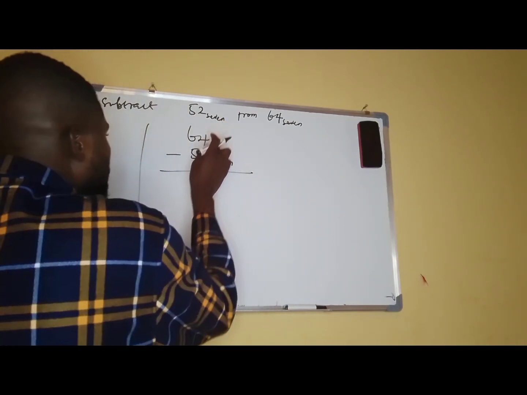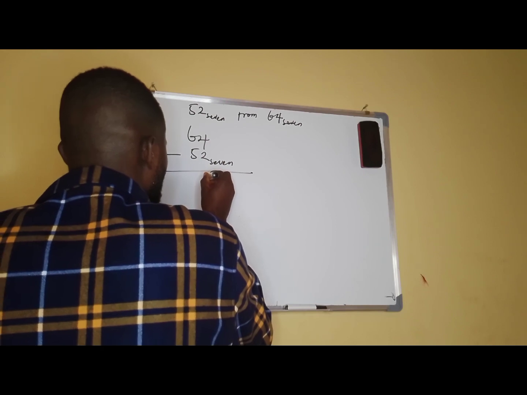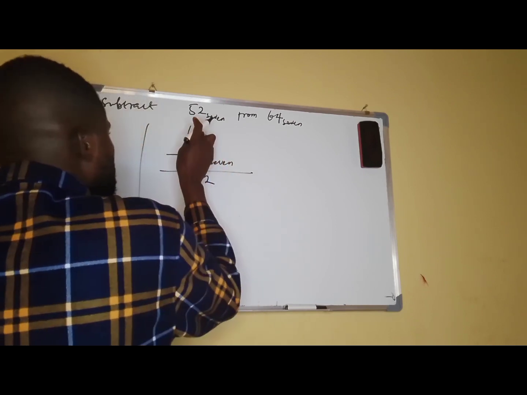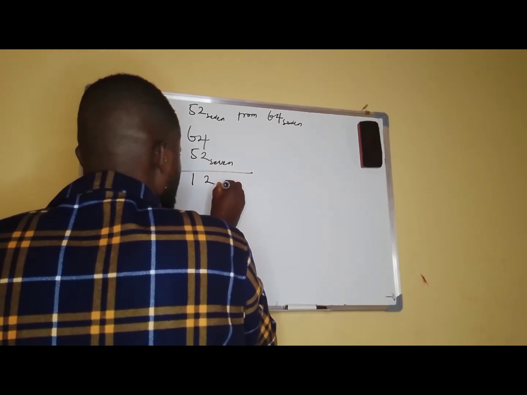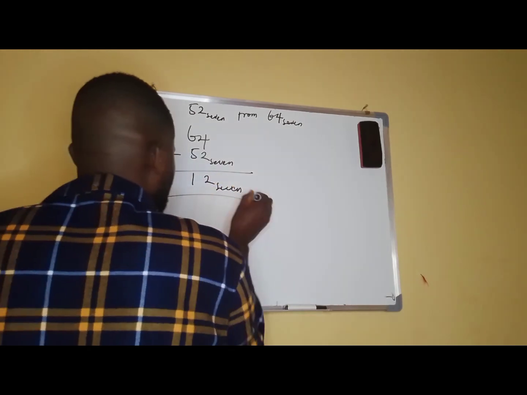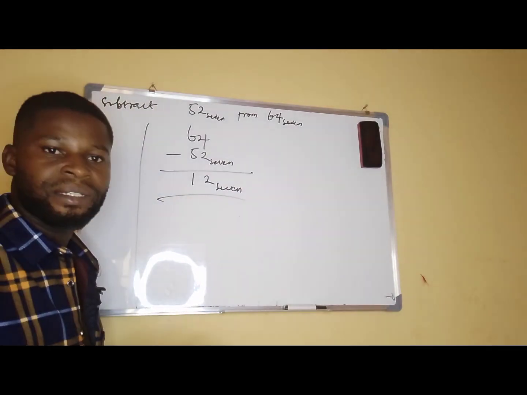Now 4 minus 2 will be equal to 2. 6 minus 5 will be equal to 1, so the answer is 12 base 7. Now this is the final answer.